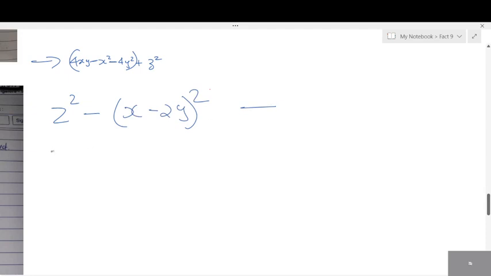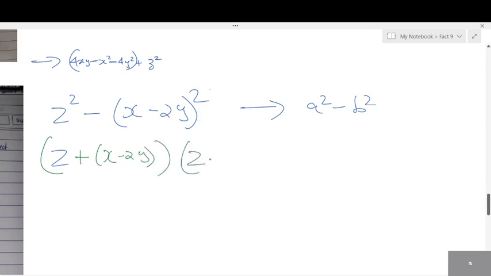Okay, then start just directly use the a square minus b square concept. A square minus b square. A plus b into a minus b.